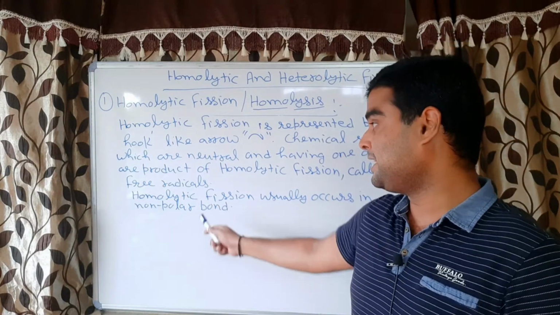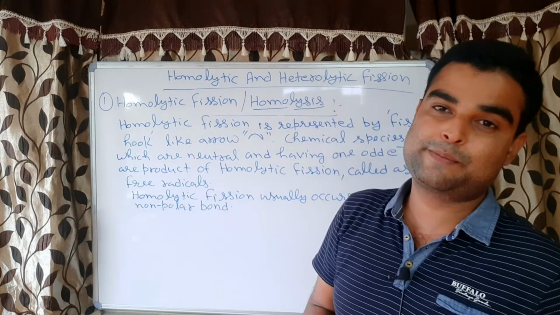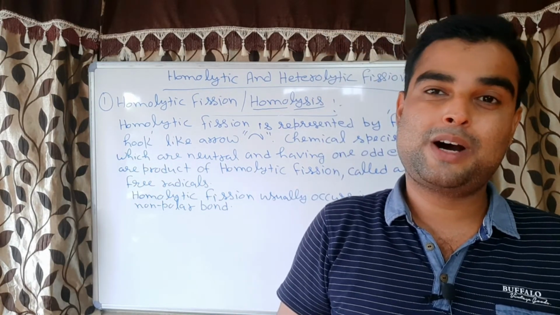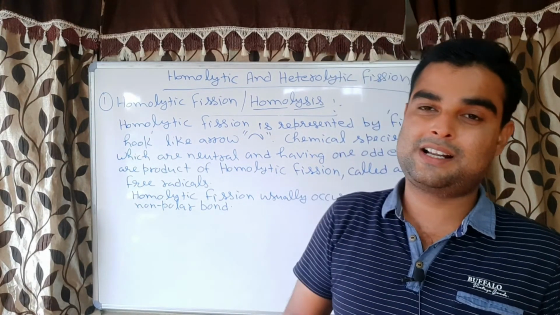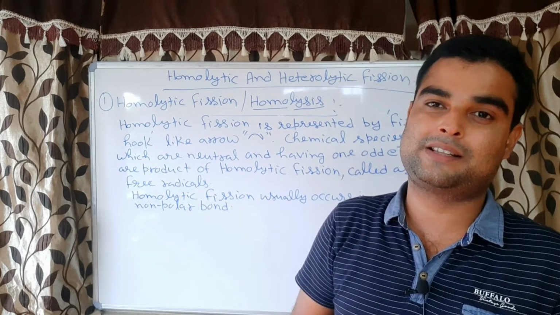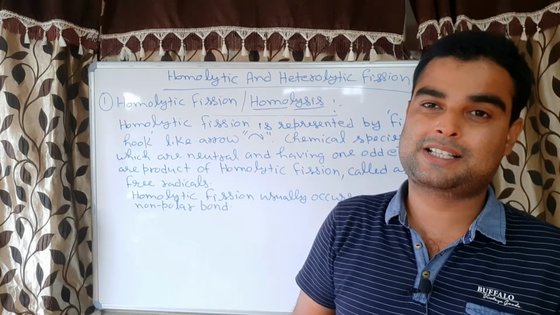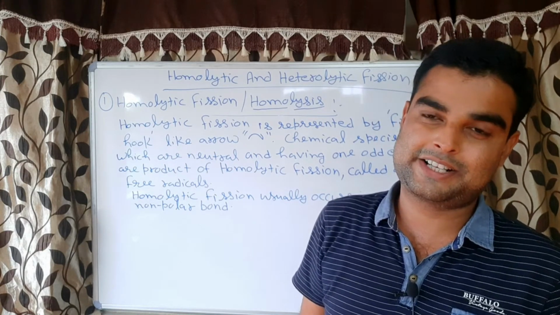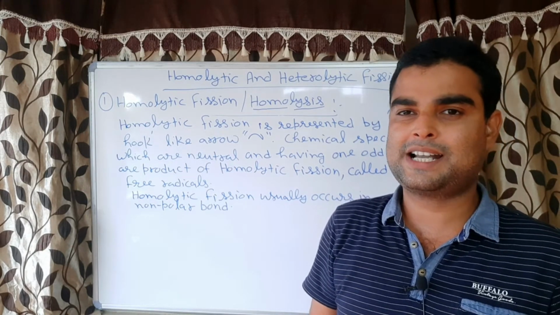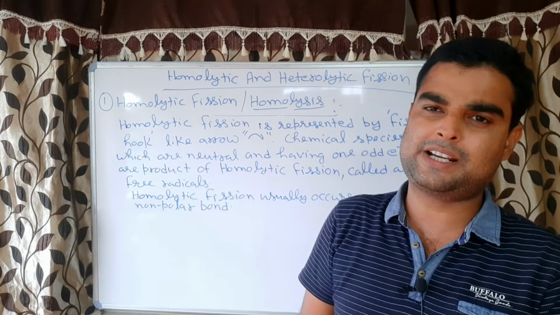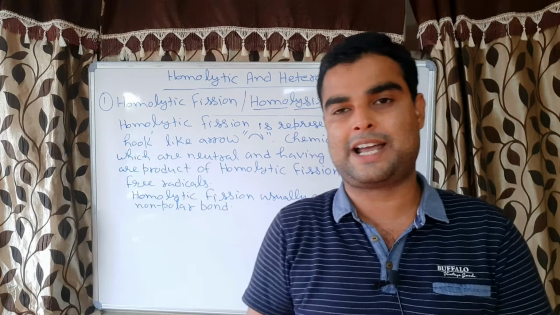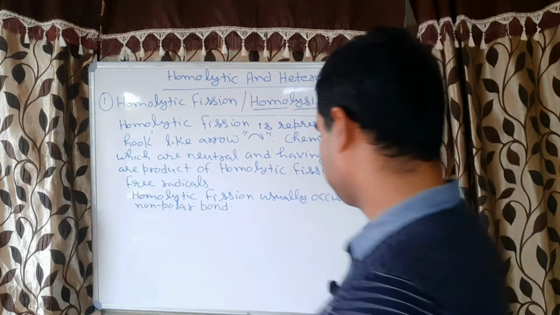Second thing, since homolytic fission is making the free radicals, how do you know how they are formed? Free radicals are always formed by high temperature reaction, or in presence of UV light radiation, or in that reaction we can use free radical initiators also. Free radical initiators like peroxides.